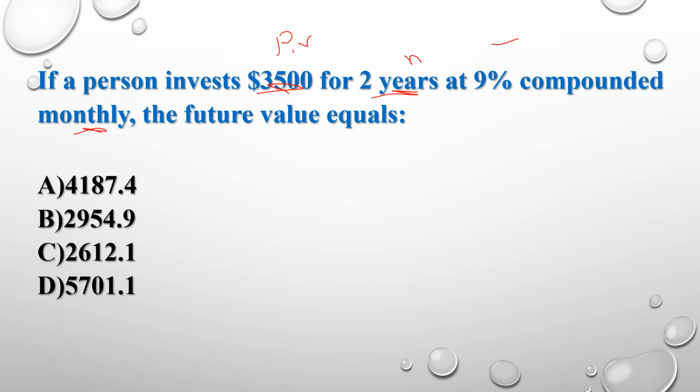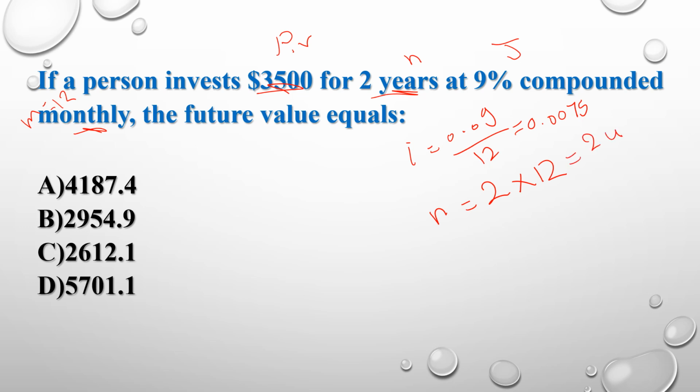So this is J, and M equals 12. Then I equals 9% over 12, and this equals 0.0075. And N equals 2 years times 12 as it's converted monthly. So this equals 24. So the number of conversion periods equals 24 periods.